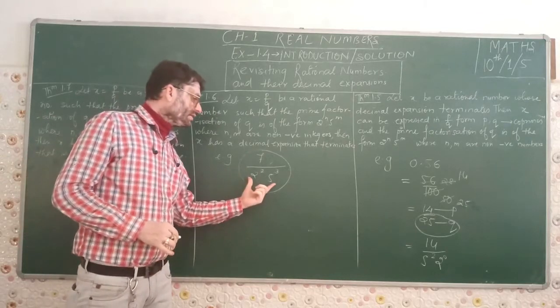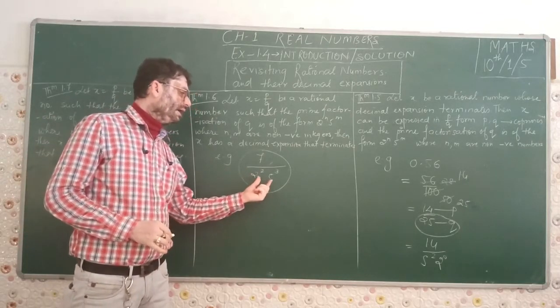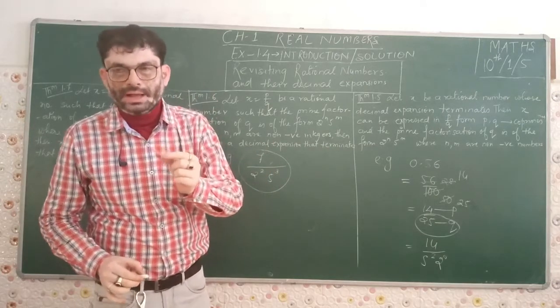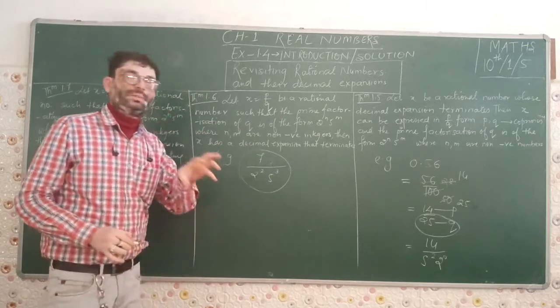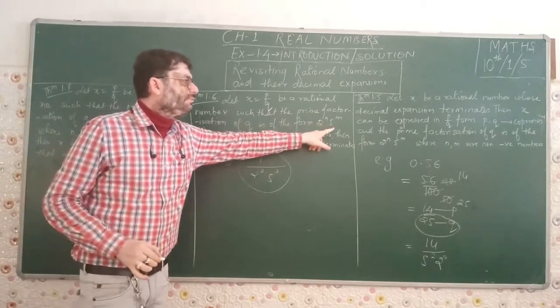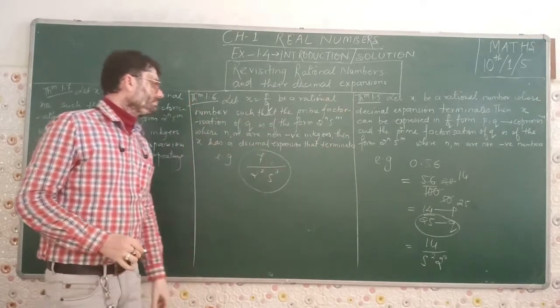The denominator should have only 2 and 5, and it should not have any other prime number. The denominator should be completely of the form 2^n 5^m.